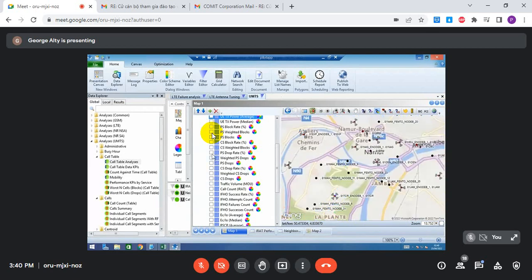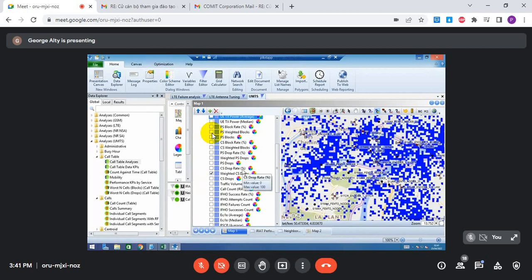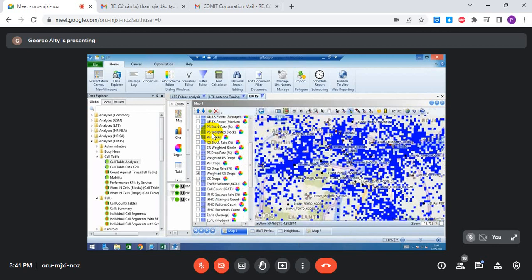Weighted PS drops, CS weighted CS drops. There we go, weighted. So that's going to give me cells that have high subscriber count and high drop counts. So that's the way you can get to the data being rationalized or normalized, if you like, to give you a better view of the cells, or areas, you need to get to most.